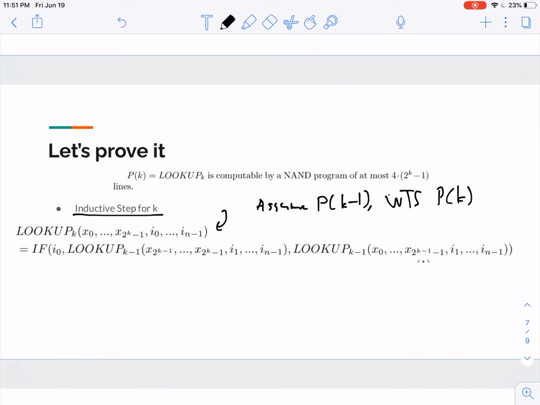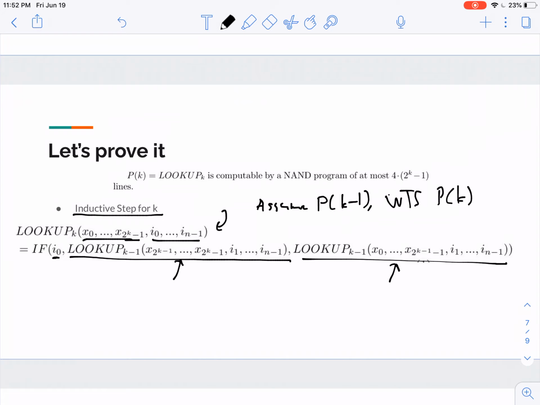So I claim that lookup k on some string and some index is equal to, you take if of the first index, and if it's 1, you do this lookup on the greater half, or the x's with the greater half of indices, and otherwise you do this lookup on the x's with lower indices. So how do we know this is true?